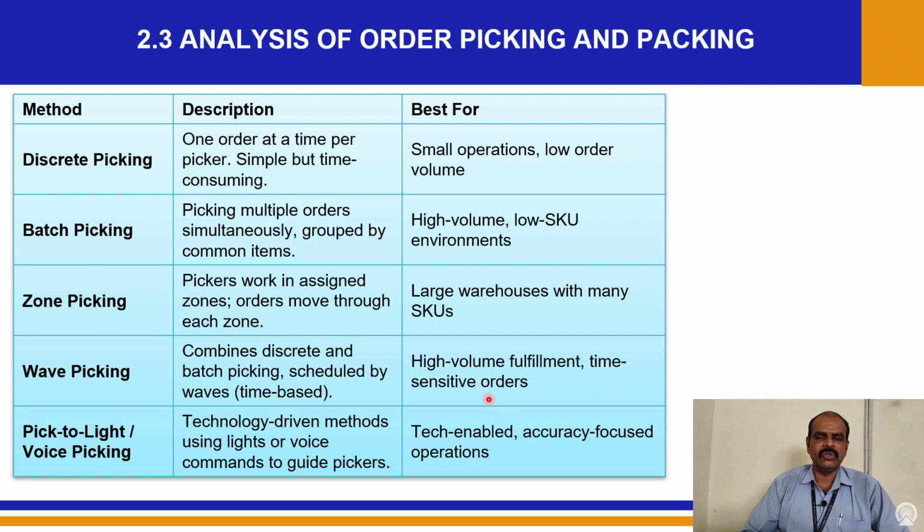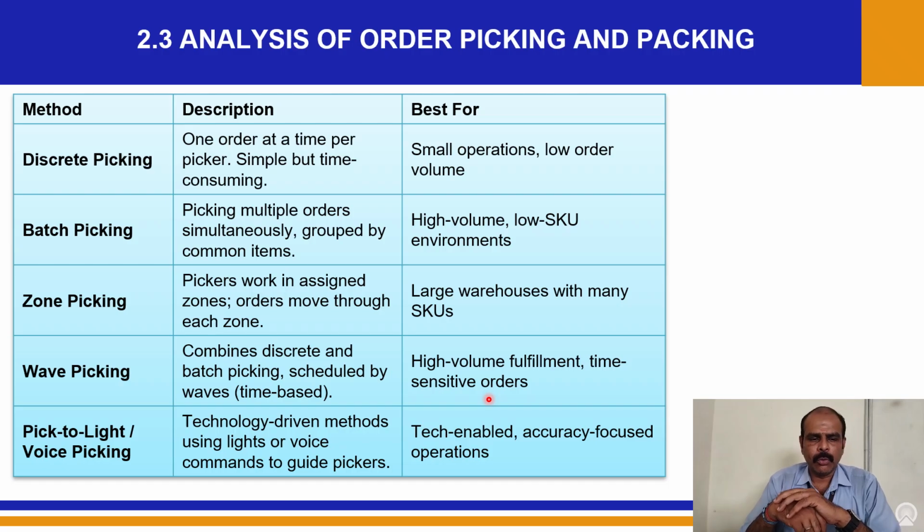These are unexpected cases where we suddenly get an enormous amount of orders, maybe during festival season or some weekend. That is where the term wave comes into the picture, called undulating. So in unexpected cases we combine discrete as well as batch picking.